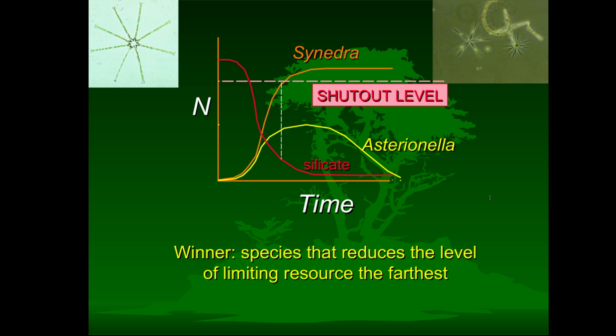Therefore, either species can win. But in this example, Synedra always wins because it reduces the level of the resource, the silicate, to a lower value and is still able to survive and reproduce, while the other species cannot at that low level of resource.